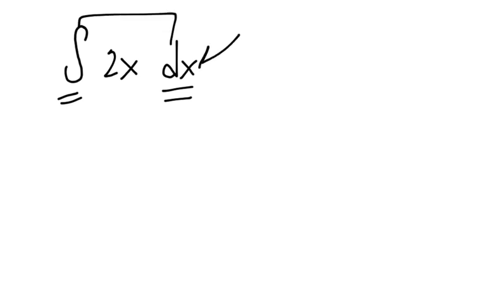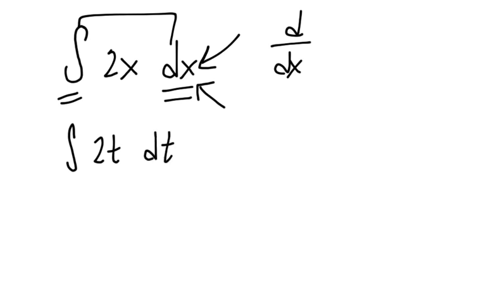This dx here is kind of like when you do a d dx. It tells you what your independent variable is that you're integrating with respect to, which we'll get into some more advanced things with that later on, but not to start out with. So this notation would match the independent variable in the problem. So if you had a 2t, this would be a dt. So this variable here will match whatever the independent variable in the problem is.